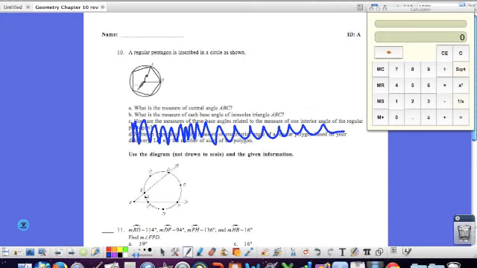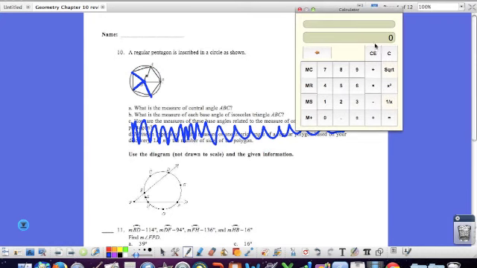Okay, this is a regular pentagon. Could actually break this into 5 triangles. All of these are going to have the same measure. They all add up to a circle. So 360 divided by 5, each central angle is 72 degrees. And if each central angle is 72 degrees, these are all radii, so they're all congruent, meaning these all make isosceles triangles.